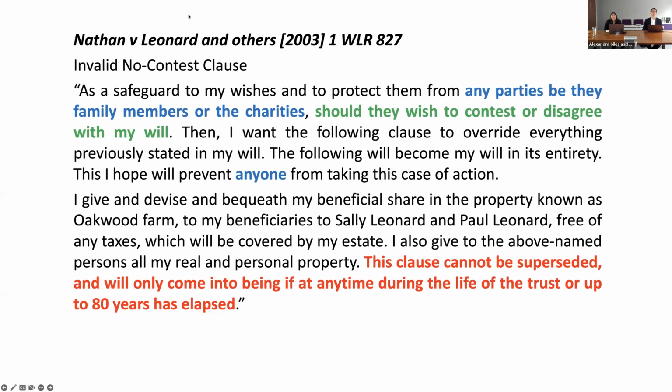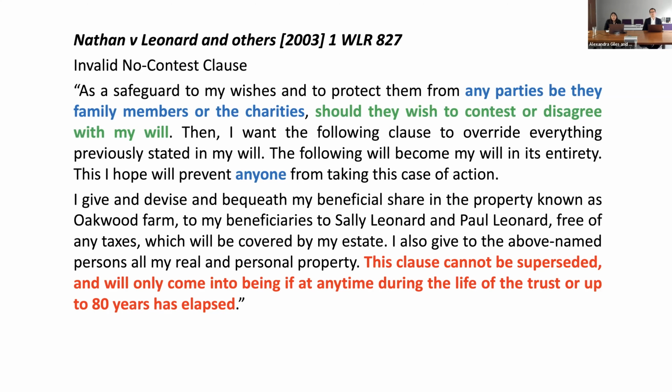He considered the codicil as a whole, so he took the whole 4 pages together and found that the testator's overall intention in preparing the codicil had been to provide her justifications for giving Sally and Paul Leonard the right to occupy the property and make sure that the testator's wishes were actually, in fact, carried out.